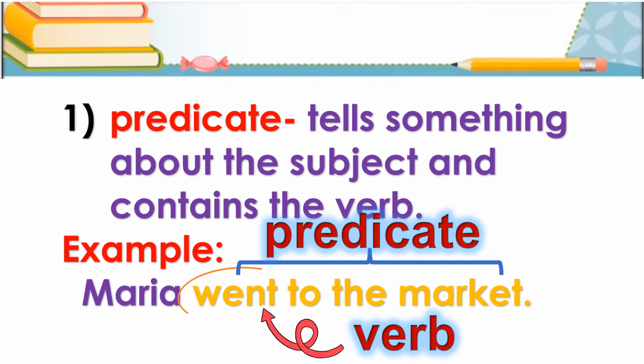So kapag nakita nyo yung kilos, kagaya nitong went, nagpunta, yun yung ginawa ng ating pinag-uusapan na si Maria. So si Maria yung subject o pinag-uusapan at ano ba ang ginawa ni Maria? So siya ay nagpunta sa palengke or Maria went to the market. That's why went to the market is our predicate.